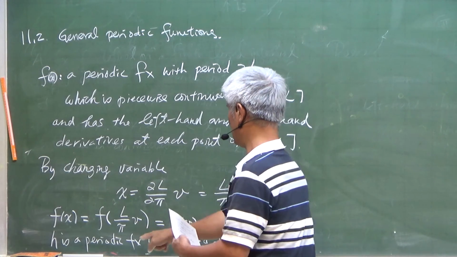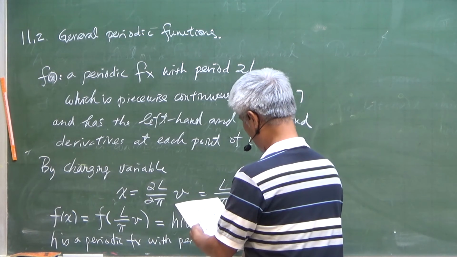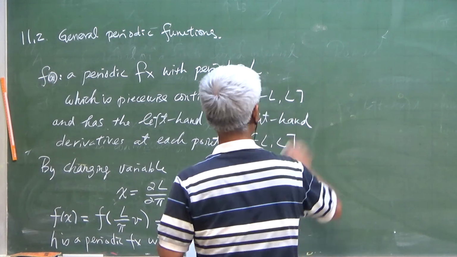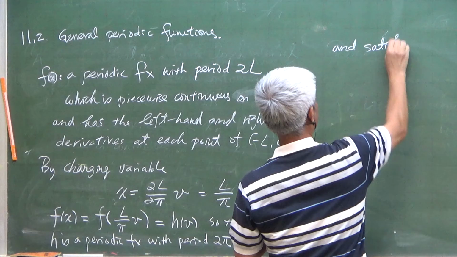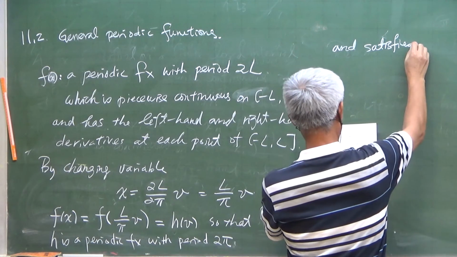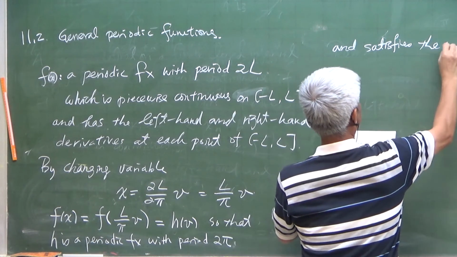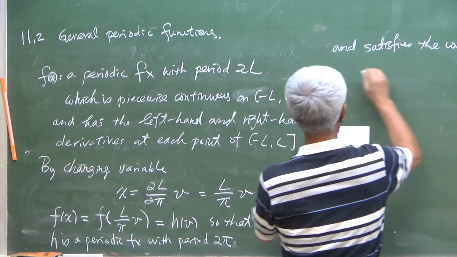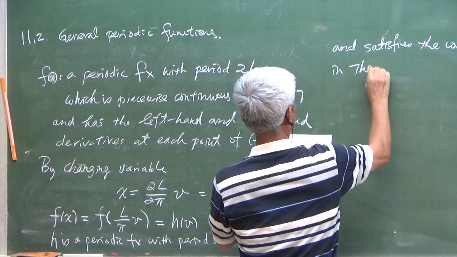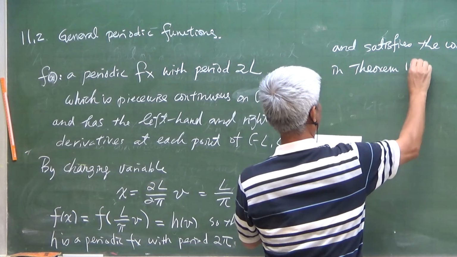Alright, so h is a periodic function with period 2 pi, and satisfies the condition in term 2.